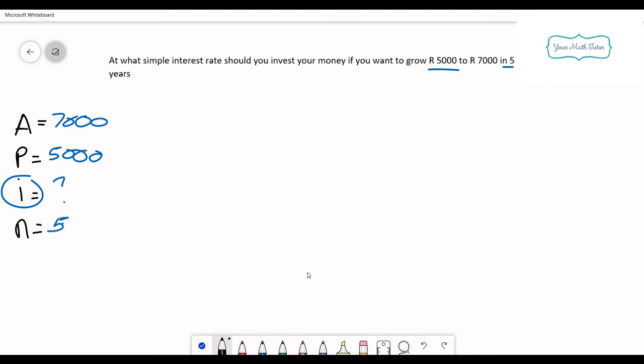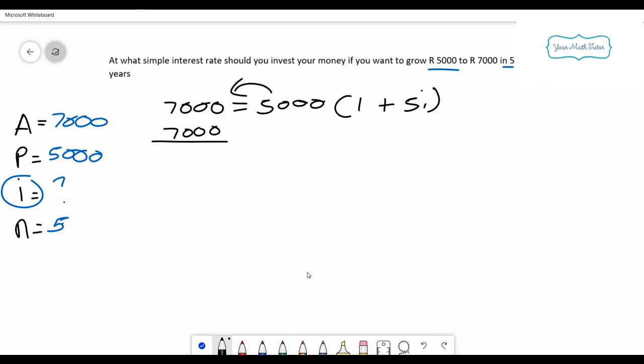So in doing the calculation, we have 7,000 is equal to 5,000 multiplied by (1 + 5i). And then we divide both sides by 5,000, so we have 7,000 divided by 5,000, which gives us 1.4 is equal to 1 + 5i.